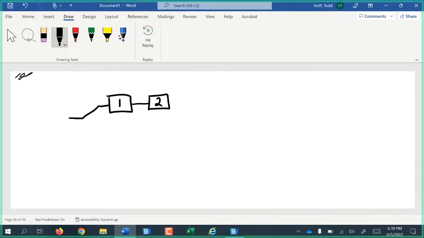where we have two devices hooked up in series on one side of the network. Then parallel to that, we have another two devices, device 3 and 4, hooked up in series on the other side of the parallel circuit.